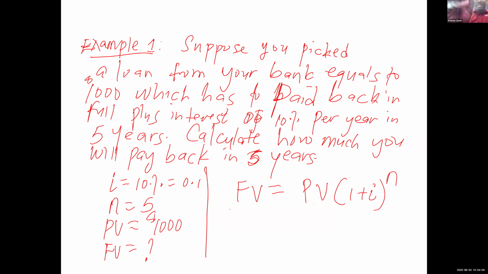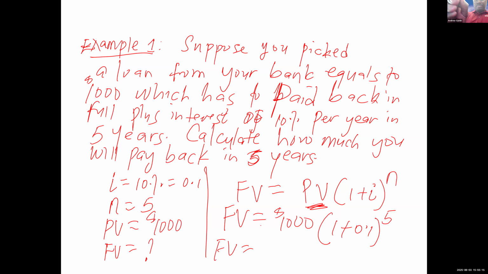It's much easier to calculate that way. Present value is $1,000 here, times (1 plus 0.1) raised to the power 5. So you get future value equals $1,000 times 1.1 raised to the power 5.